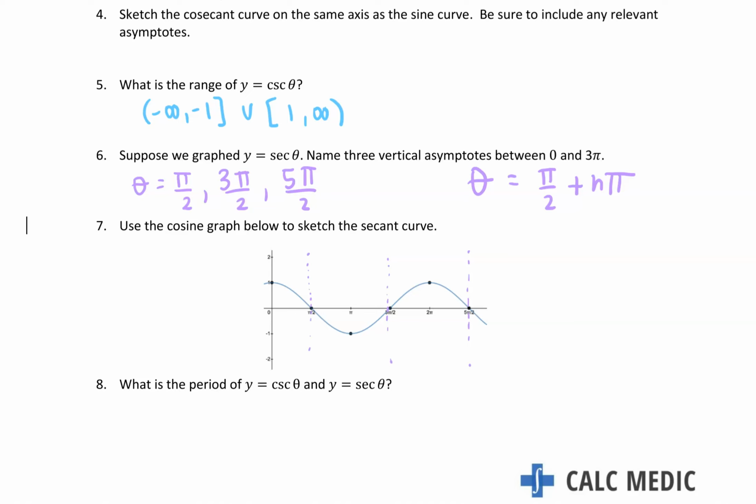So that means that if I wanted to graph this, then what's going to happen? I'm going to have a point here, and what am I going to do? I'm going to go up. And then right here at pi, I'm going to be equal to -1. And then I'm going to open what? Down. And then at 2 pi, I'm going to be at a +1, and I'm going to open what? Up.